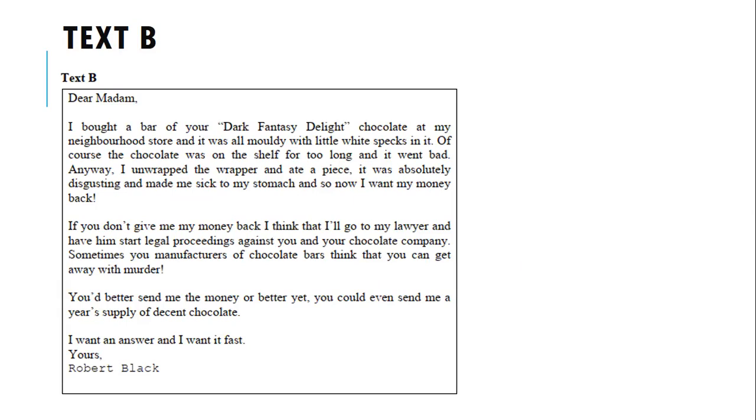Dear Madam, I bought a bar of your Dark Fantasy Delight chocolate at my neighborhood store, and it was all moldy with little white specks in it. Of course, the chocolate was on the shelf for too long and it went bad. Anyway, I unwrapped the wrapper and ate a piece.